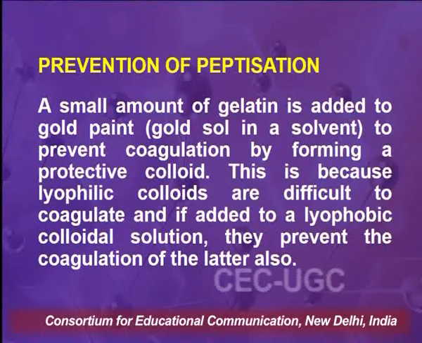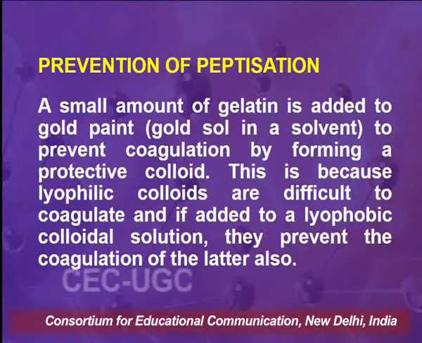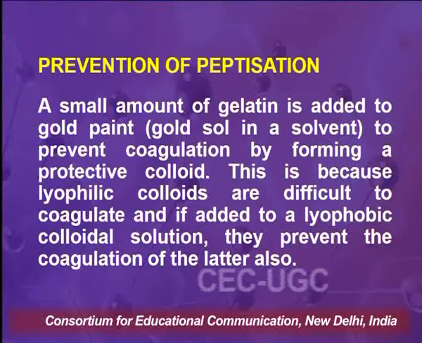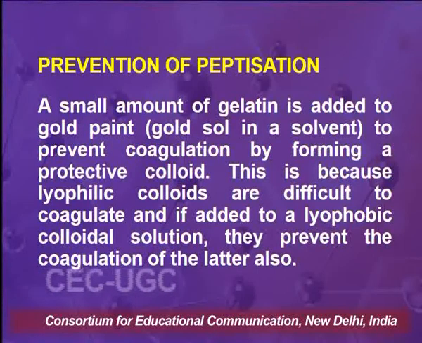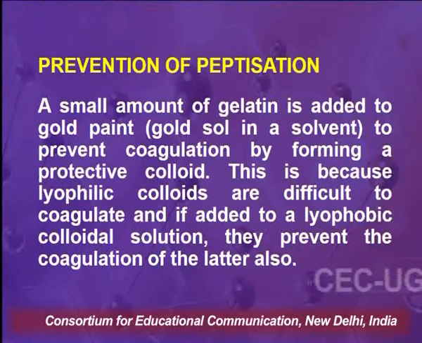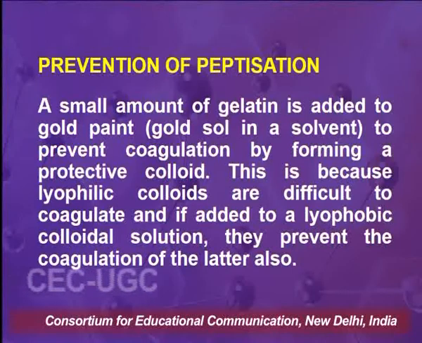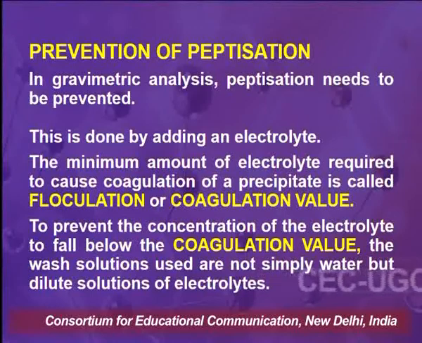So, gelatin is added to gold paint so that it is able to form a protective colloid. It forms a layer, or as we say, a lyophilic colloid forms a layer on the lyophobic colloid. This is because lyophilic colloids are difficult to coagulate, and if added to lyophobic colloidal solution, they prevent the coagulation of the latter also. In gravimetric analysis, peptization needs to be prevented, and this is done by adding an electrolyte.